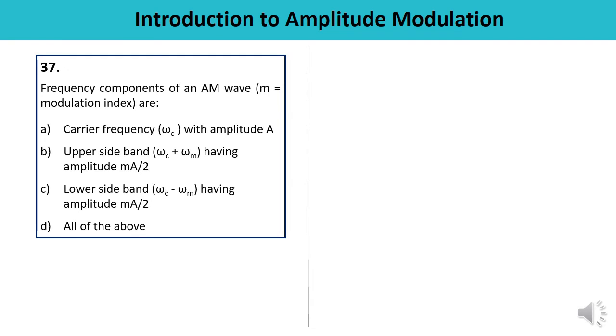The modulation index is m. So what are the components? AM wave consists of a carrier frequency with amplitude A, upper sideband with amplitude mA upon 2 and the lower sideband. It means all three options. The answer is D.